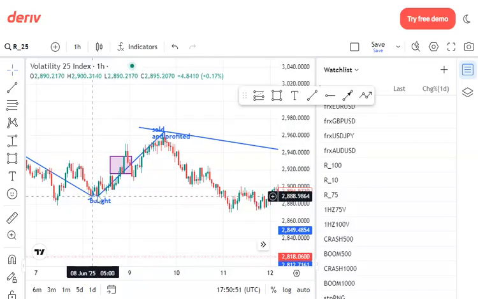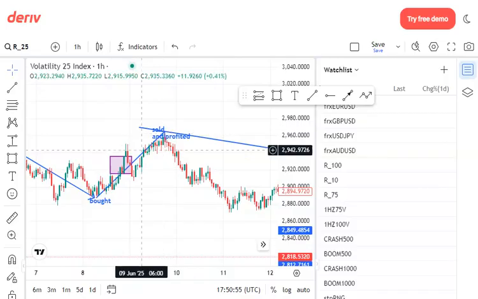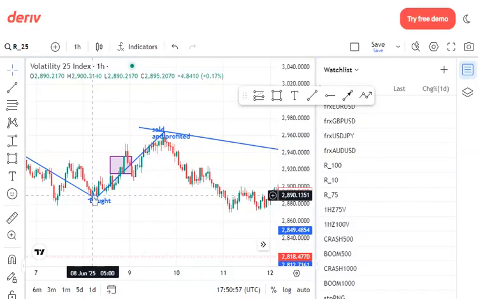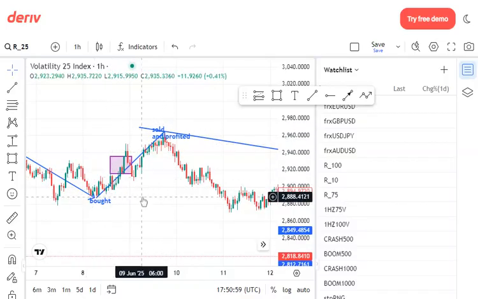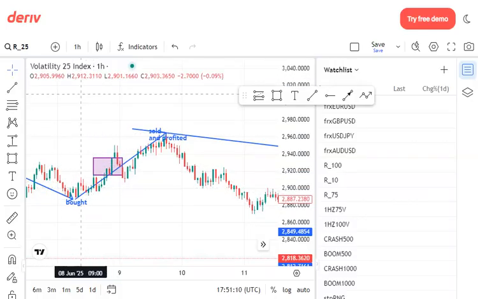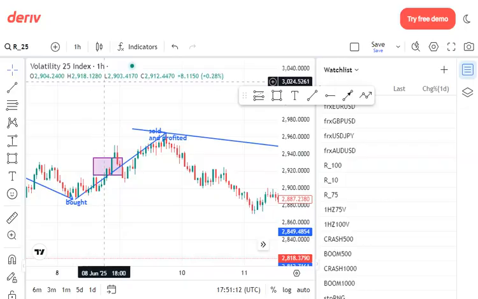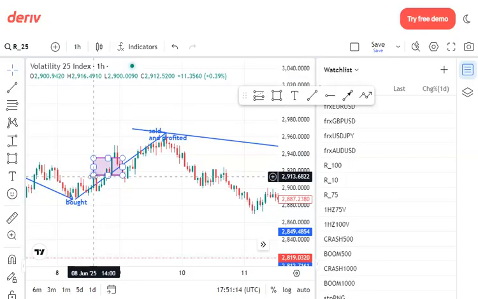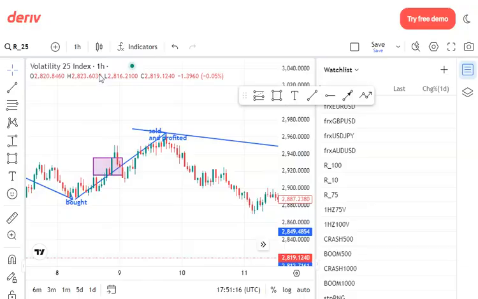A candle is how we express or understand the difference of where the price is. It shows us how the market moves, and a candle has dimensions: it has an open, where it opened at; a high, which is the highest point it got to; a low, the lowest point it got to; and a close.